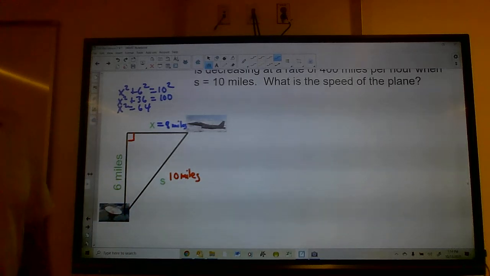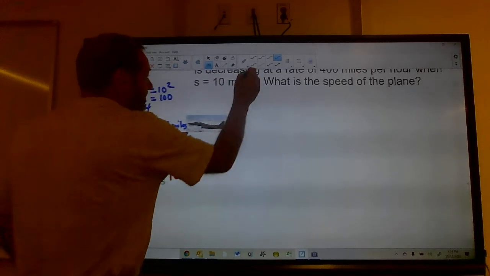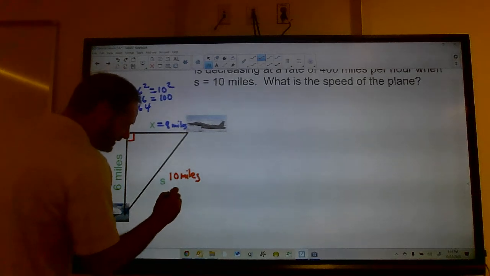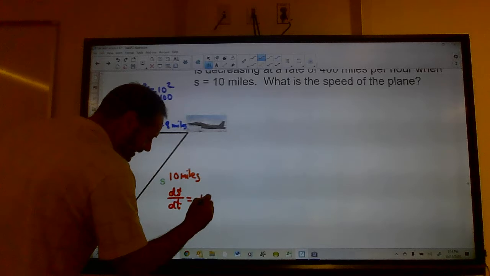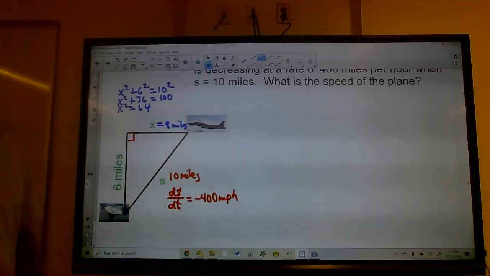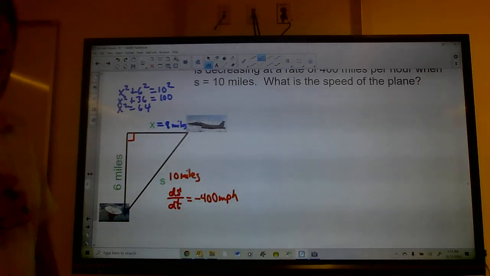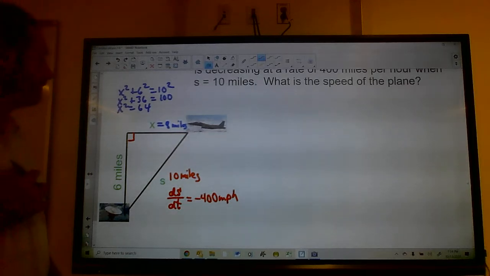We know that the distance S is decreasing at a rate of 400 miles per hour when S is 10 miles. So we also know that ds/dt is negative 400 miles per hour. Now, how are we going to find the speed of the plane?